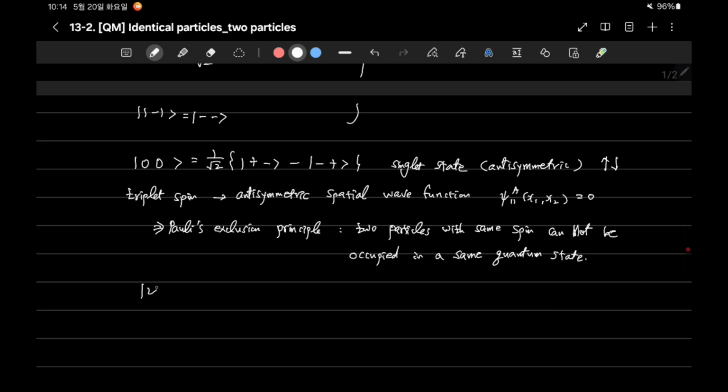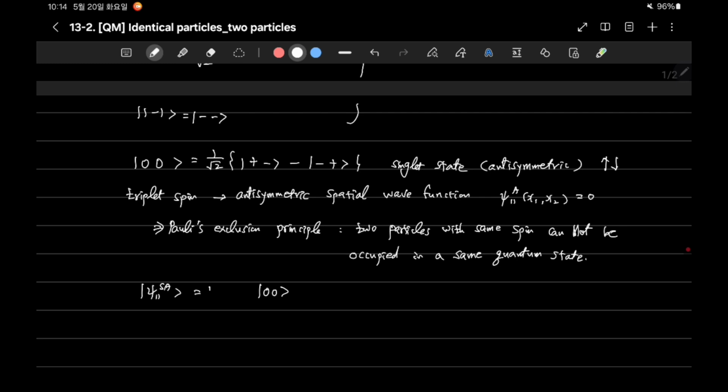So the total wave function for the ground state should have the triplet state, but the triplet state is not possible for fermions in the ground state. So only the antisymmetric spin state is possible. It is a spin singlet.